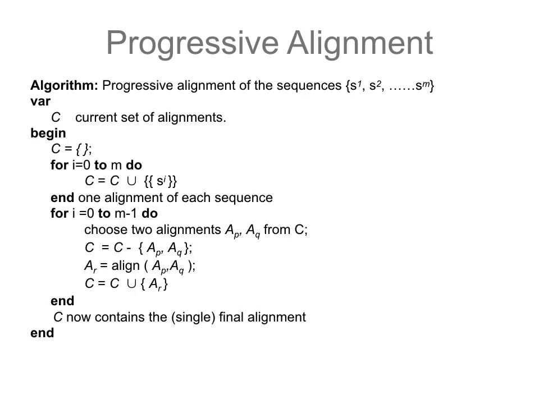So let's look at how the algorithm is going. We have sequences S0, S1, up to Sm as input. We have a variable C that contains the current set of alignments, and we start our algorithm by making C the empty set.